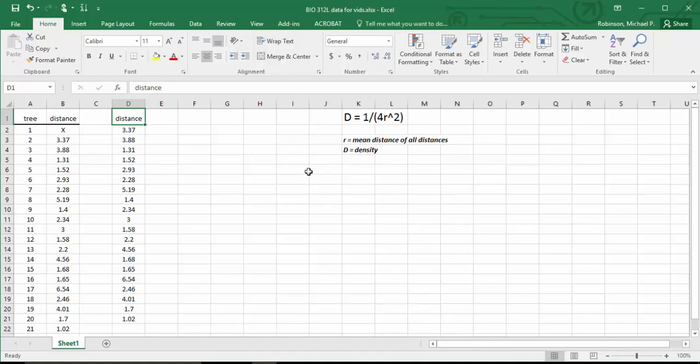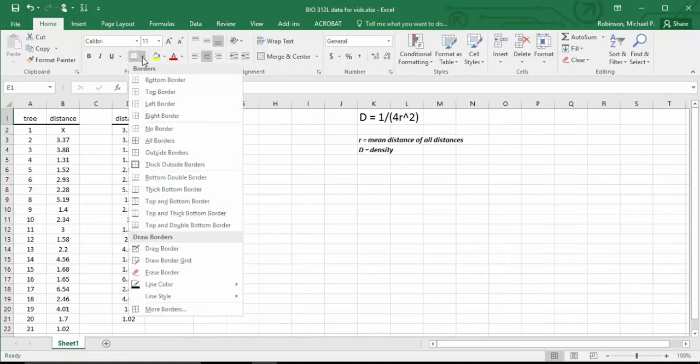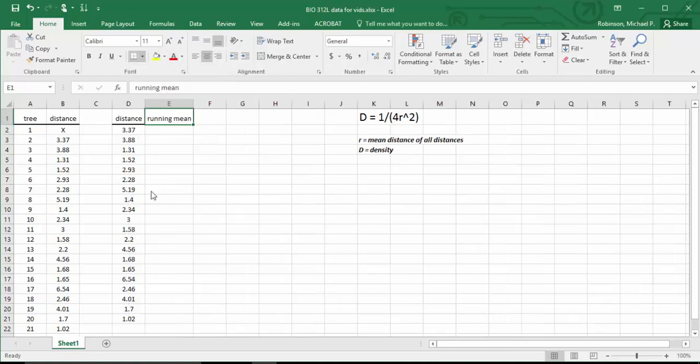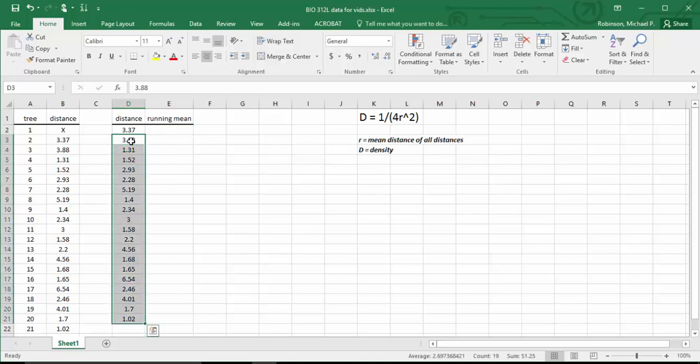So what we need to do is get the average, and what you would call a running mean, or running average. Let me make that look a little pretty. We need to get the running mean. So we need to ask, what is the mean if we're just looking at this one? If we only had that one data point, that's not going to tell us much.